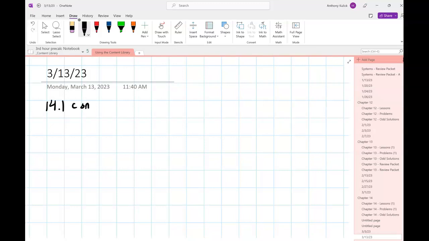We're going to continue on in section 14.1. Did you guys remember what we did last time? No. We talked about how to find two things in rational functions.